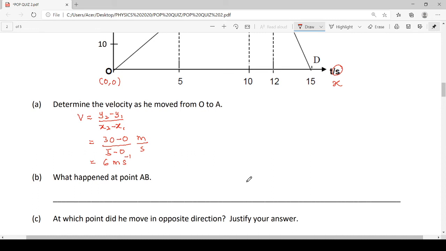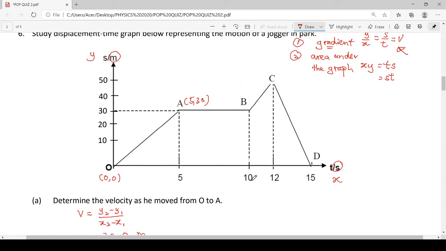Now, what happened at point AB? Now, at point AB, at any given time, let's say 6 seconds, 7 seconds, 8 seconds, if I read my graph, my y-axis always reads 30.